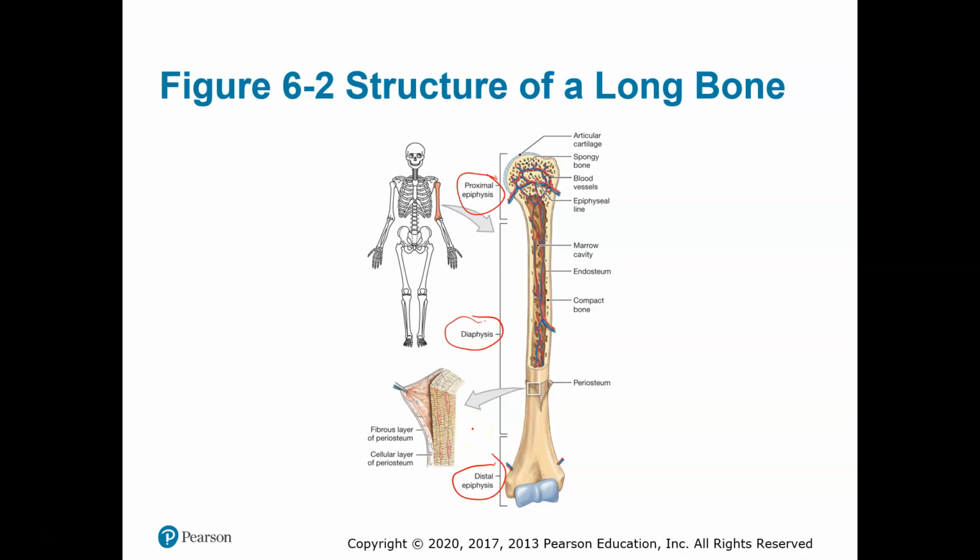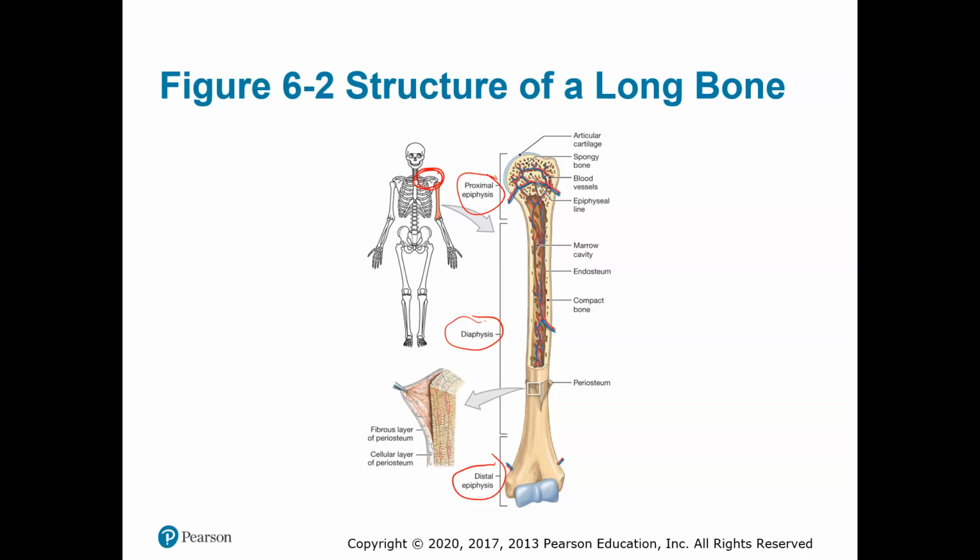And for this bone, which is the humerus, remember proximal and distal are words that are relative to a joint, a major joint, like the shoulder joint. So the end that is close to the shoulder joint is called the proximal epiphysis.